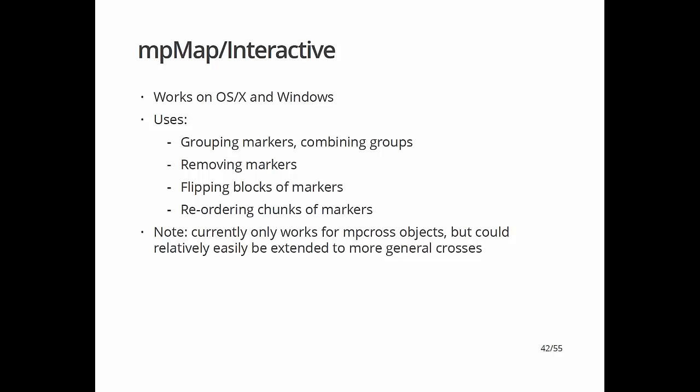Because this is essentially what we do. We take an MP cross object, we export it to RQTL, calculate the genotype probabilities there, and then we bring them back in. So if you want to do it for biparental cross, it would take exactly the same machinery. Basically, you would feed your cross into RQTL, you would then calculate your genotype probabilities and then run the code in that little section, essentially.